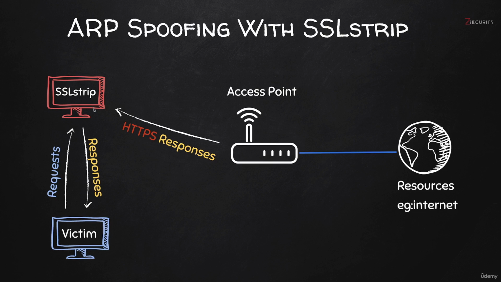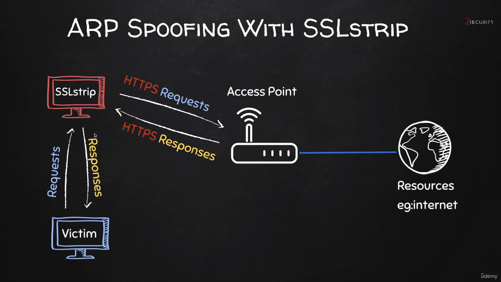So once it gets an HTTP request from the victim or the target, it'll actually upgrade that connection to an HTTPS connection. So, as far as bbc.com is concerned, it told the target that you should communicate with me over HTTPS, and the target responded by starting communicating over HTTPS.